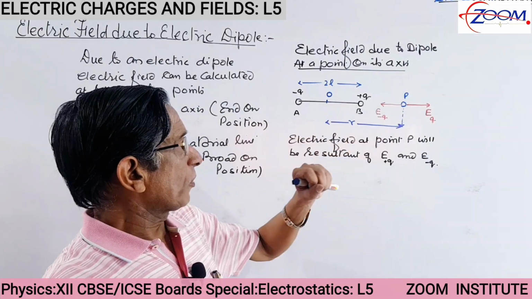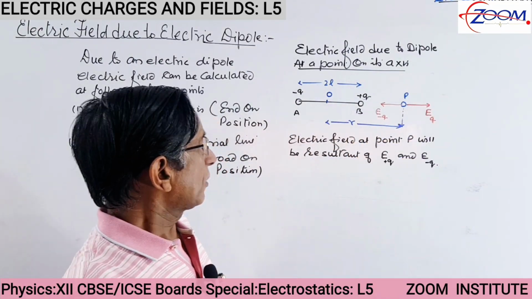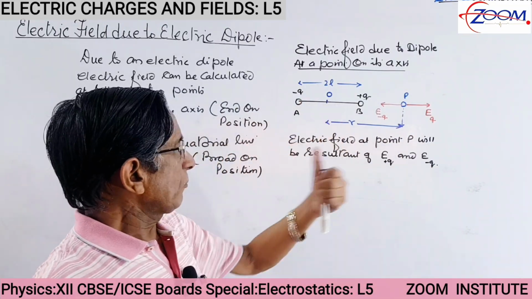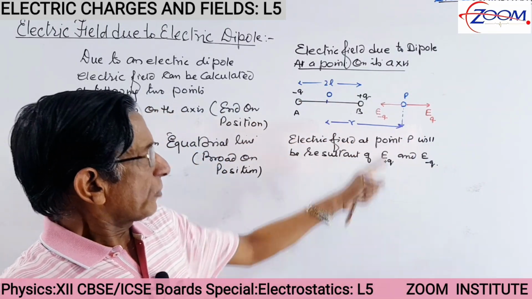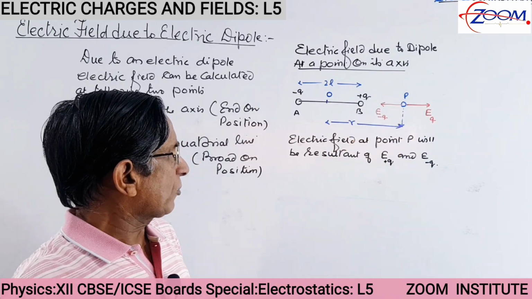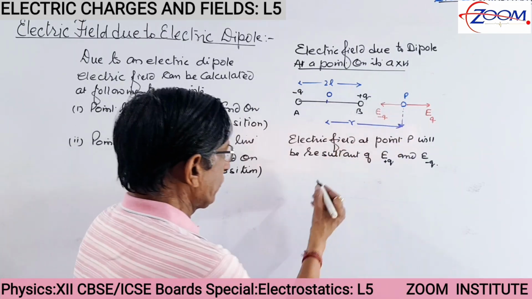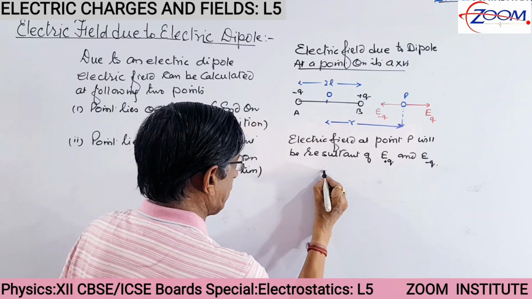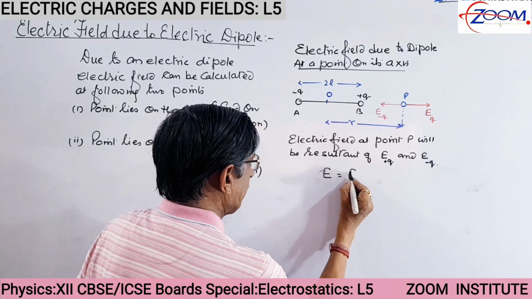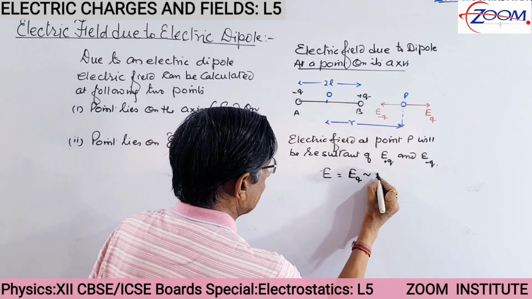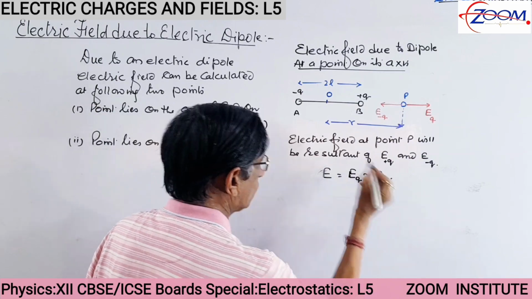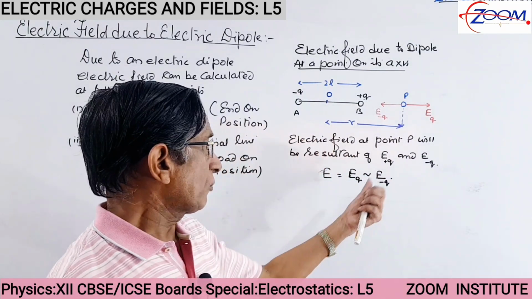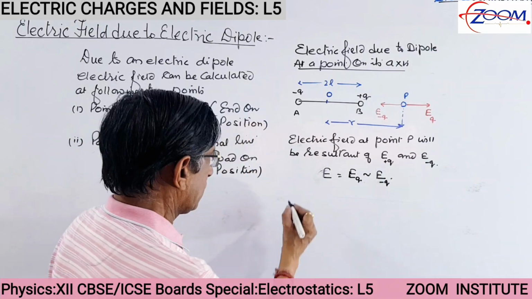The electric field due to positive charge is towards right because lines of force due to positive charge are radially outward. Due to negative charge, the electric field is towards it. Since the 2 electric fields are opposite in direction, resultant electric field at the point P will be difference of the 2, that is E plus Q minus E minus Q. So now my problem is to calculate the value of electric field due to positive charge as well as due to negative charge. See in the figure.